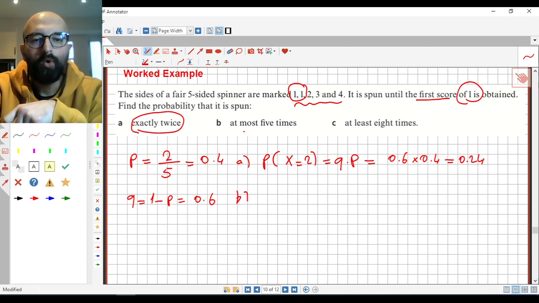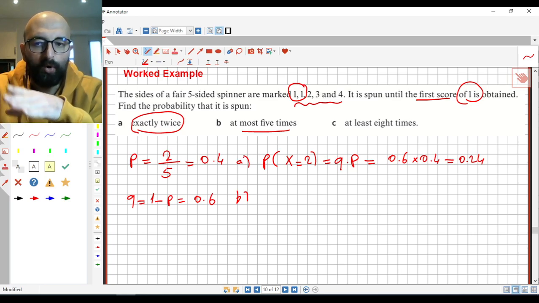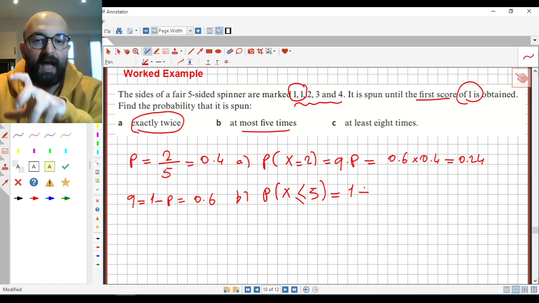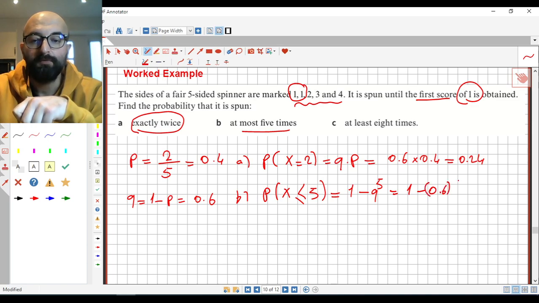And at the most 5 times we have to come across success. So it is the probability of X less than or equal to 5, and it is 1 minus the probability of 5 times failure, so q to the power of 5. So it is 1 minus 0.6 to the power of 5.